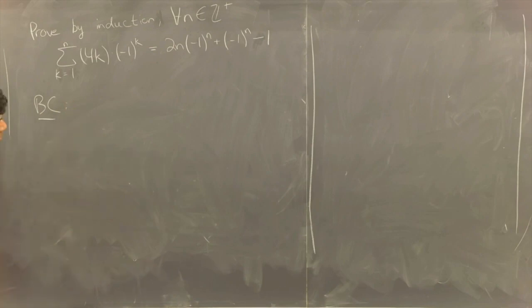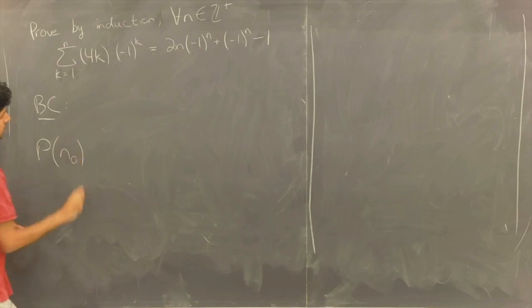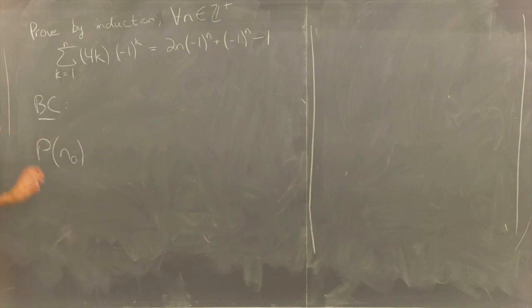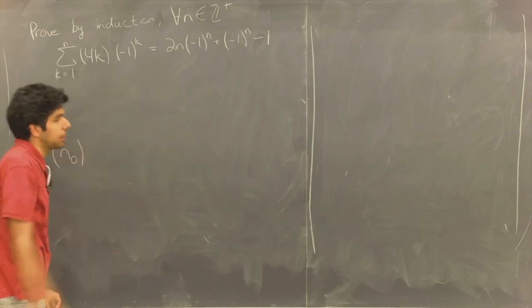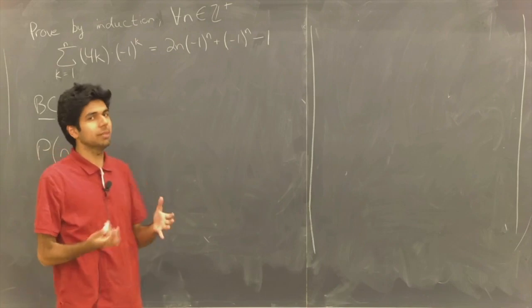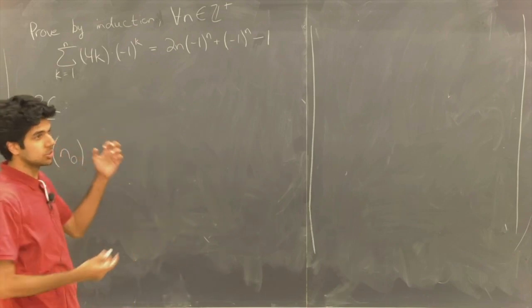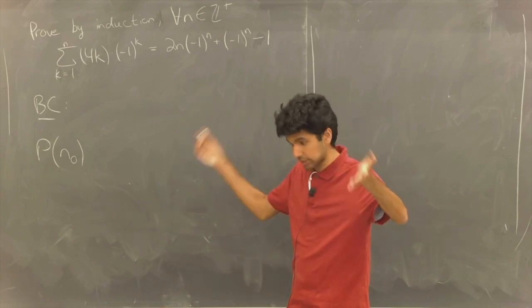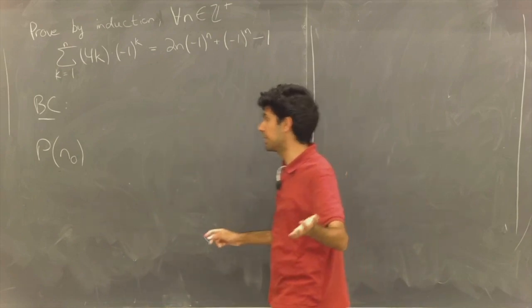What this entails is showing that P of n naught holds, that initial value where we're starting this chain reaction of things. Well, if we're proving something for all positive integers, it would only make sense for our starting point to be the smallest positive integer, because everything that follows is still a positive integer, so we're chilling.